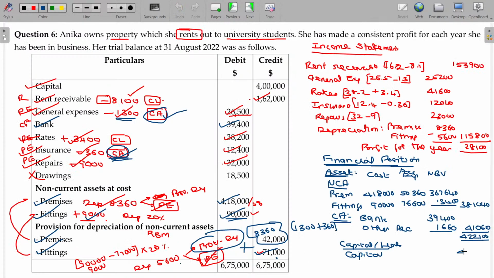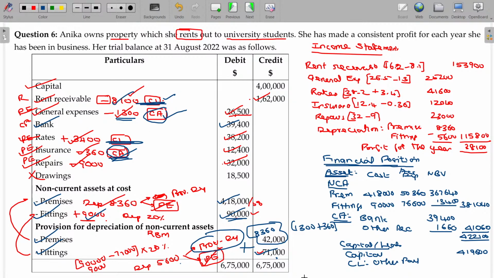Now you have to cross verify, do we have any non-current liabilities? No sir, we don't have any non-current liabilities. Everything got ticked. Only these two are pending. So this one and this one. That will be called current liabilities, especially other payables.